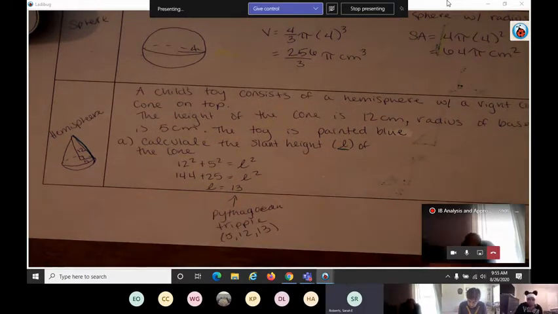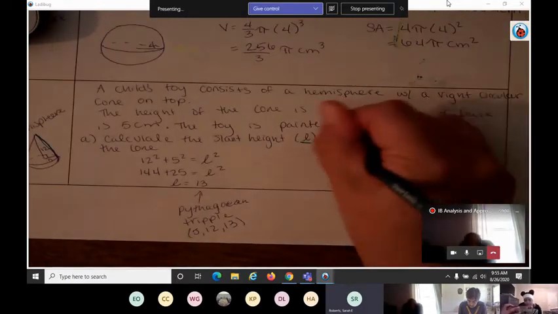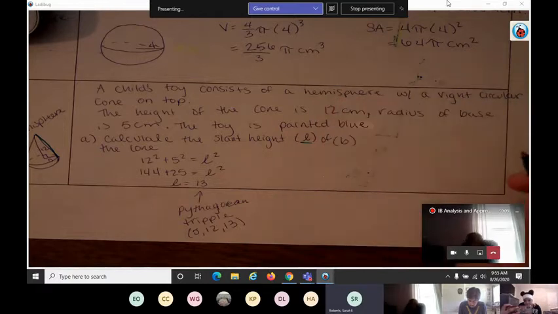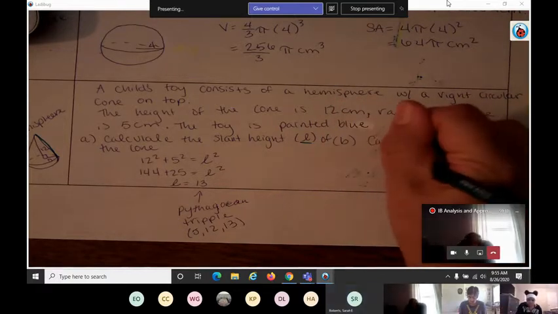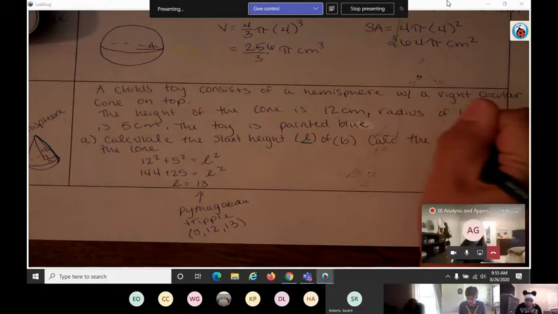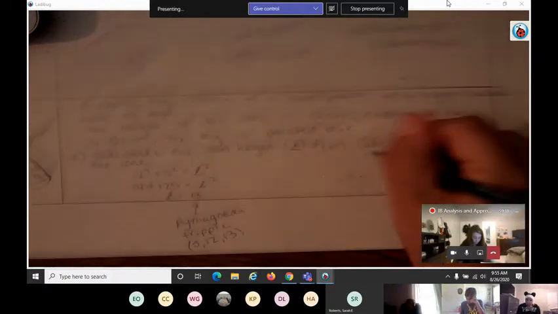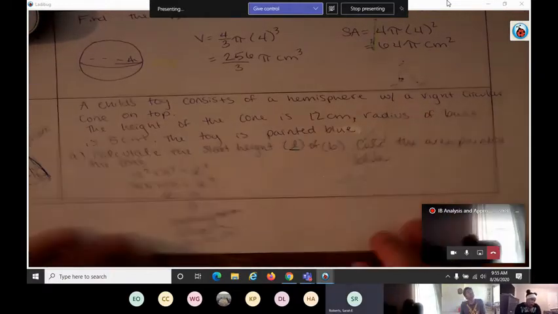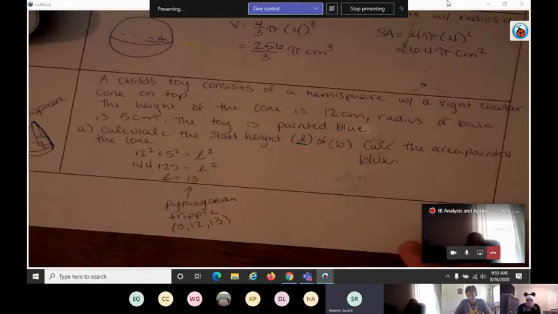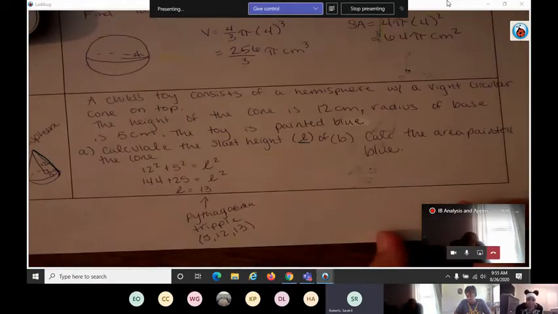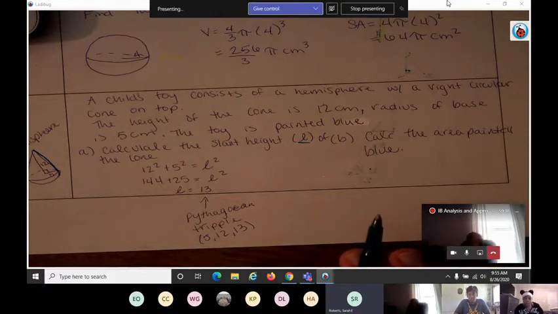All right. And then part B of this asks us to calculate the area painted blue. Okay, so this is a case where we have half a hemisphere, right? And we're just counting the outside that we need to calculate the area of. So we would need the area of a right cone, but we want to slice off that bottom circle.